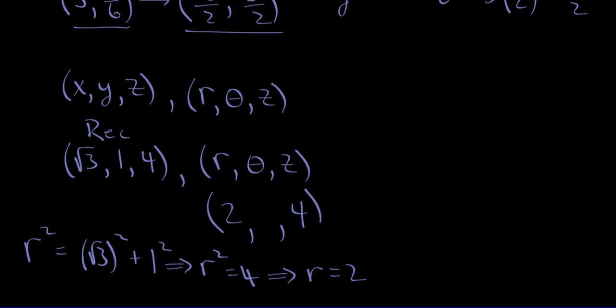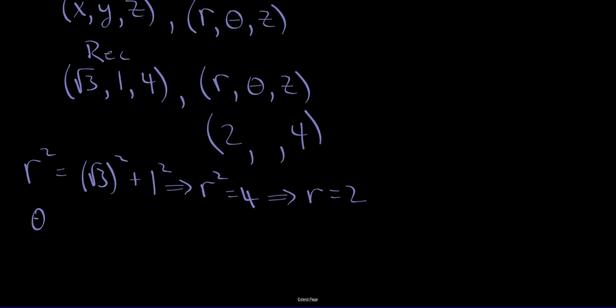And then we can go ahead and look and see, well, as far as the theta goes, we know that it's going to be inverse tangent of 1 over the square root of 3. Now, 1 over the square root of 3, I guess that's going to be pi over 6.